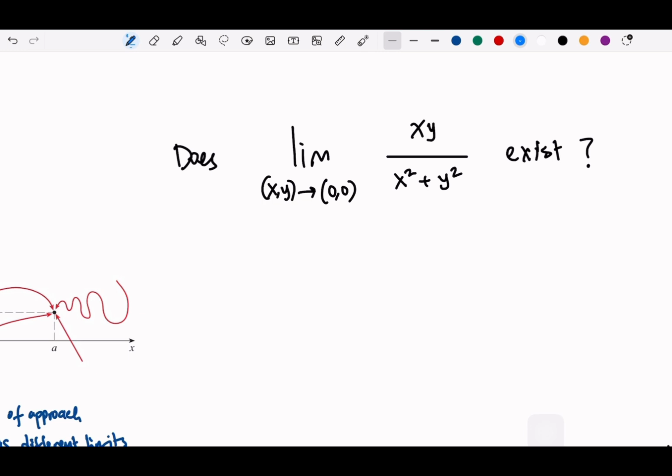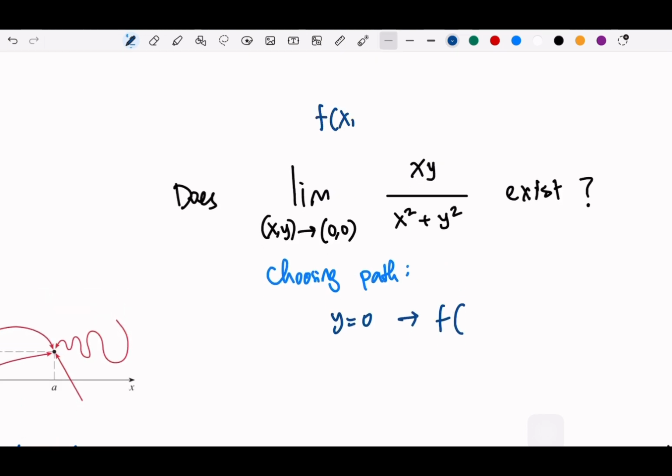If we take the path, so choosing the path, first perhaps the x-axis, taking y equals 0, then we get f. Suppose this is the function named f. The function will be f(x, 0), which gives you 0 over x squared, which is 0.